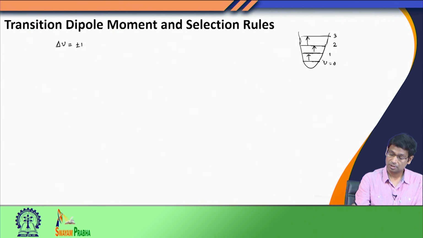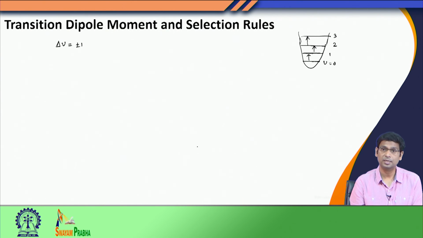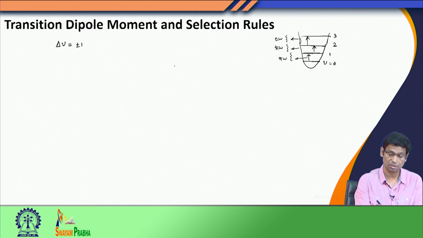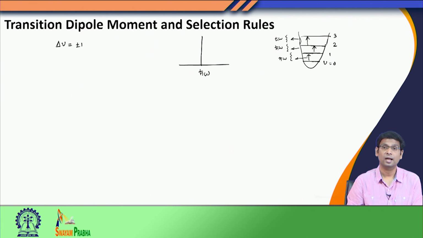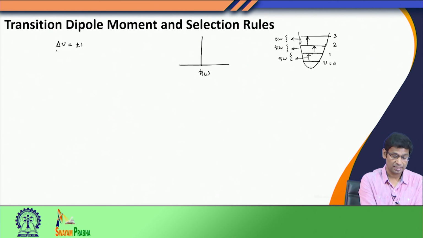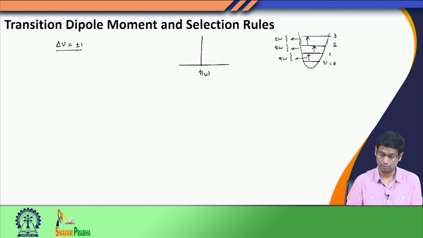Suppose I go from 0 to 1, what would be the energy that the system will absorb? I know that all the energy separations are similar, and that is h bar omega. So, whether I make a 0 to 1 or 1 to 2 or 2 to 3 transition, I would always see one line, and that line would appear in the spectrum at h bar omega, because all these energy levels are equispaced within the delta v equals plus or minus 1 selection rule.